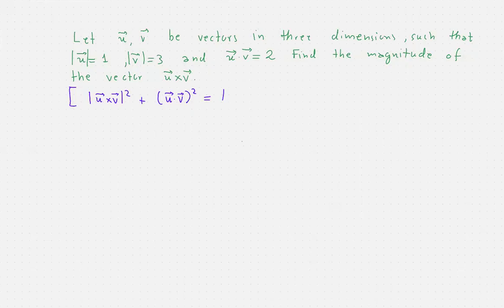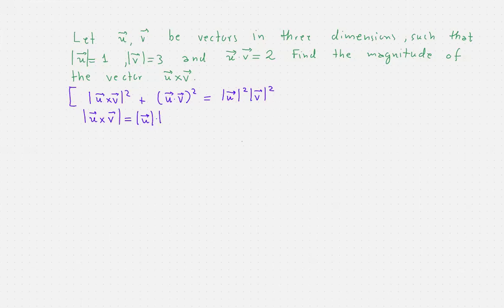And how do we get this? Why is this true? Well, recall that the cross product has magnitude equal to the product of the magnitudes times the sine of the angle between the two vectors.